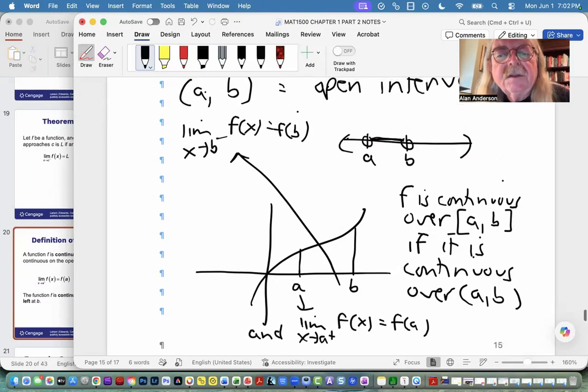Okay, so that's what it means to be continuous over a closed interval. In other words, we have to specify what happens at the two endpoints. That's really what's going on here.